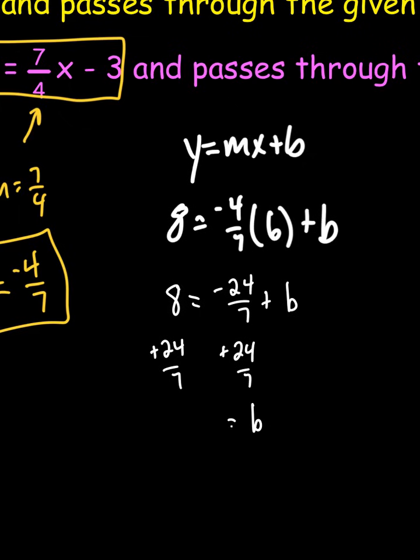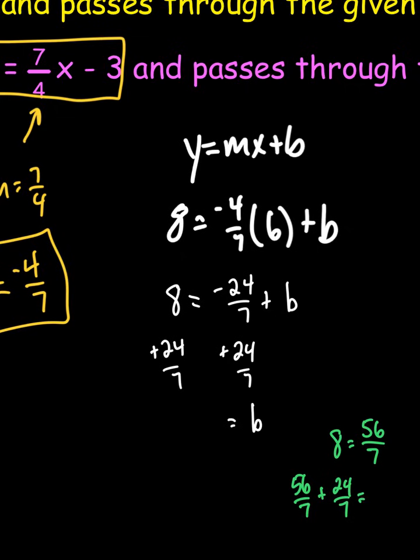And I get b equals, all right, so we got to do a little bit of fraction work here, but we can do it. 8 is how many sevens? Well, 8 times 7 is 56, so it would be 56/7. If we reduce that fraction, it just goes down to 8. So really what we're doing is 56/7 plus 24/7.